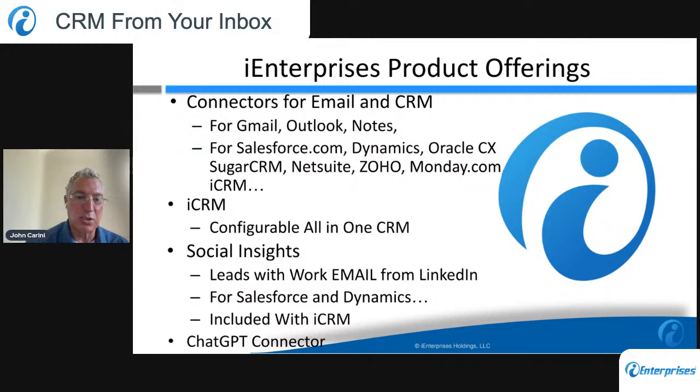And then we support all sorts of back-end CRMs, including Salesforce, Dynamics, Oracle, Sugar, NetSuite, Zoho, Monday. We're coming out soon with a HubSpot one too. And then we have our own iCRM solution. And these connectors also integrate with ChatGPT, and obviously we'll discuss a lot more about that in just a second.